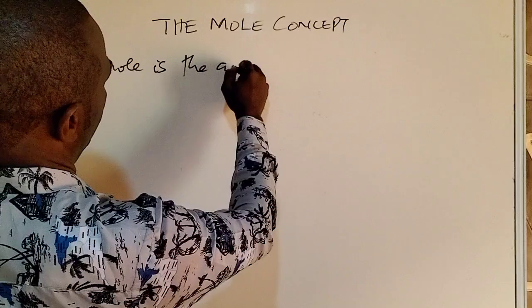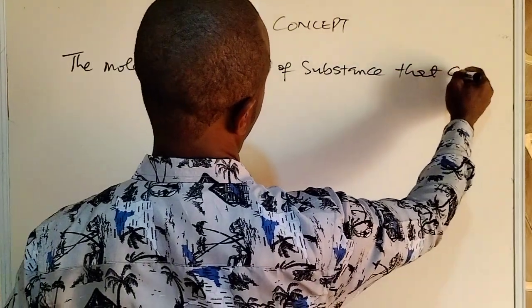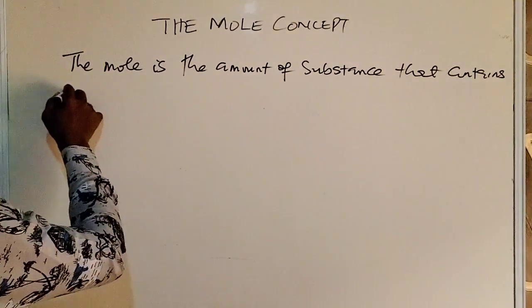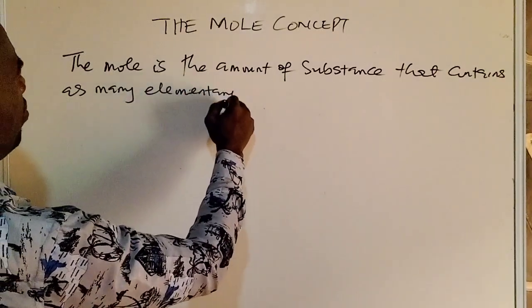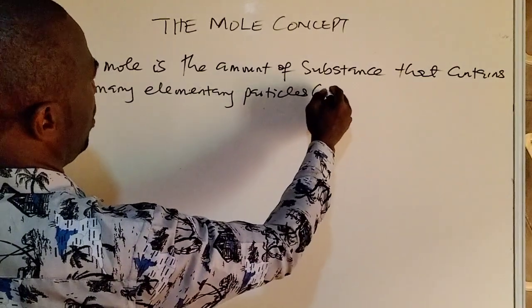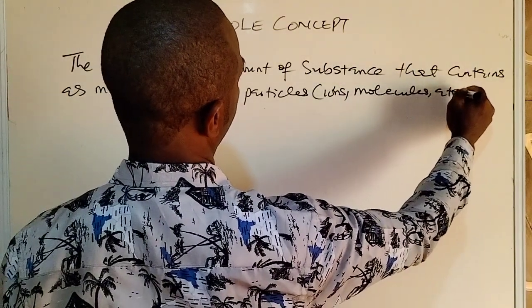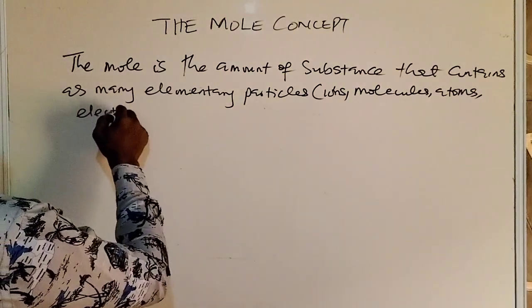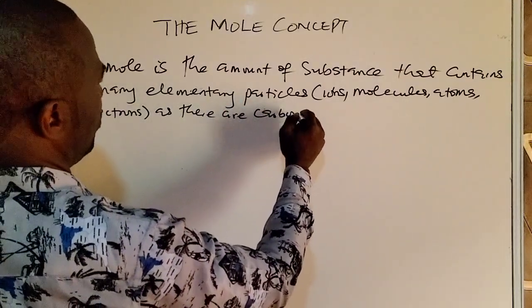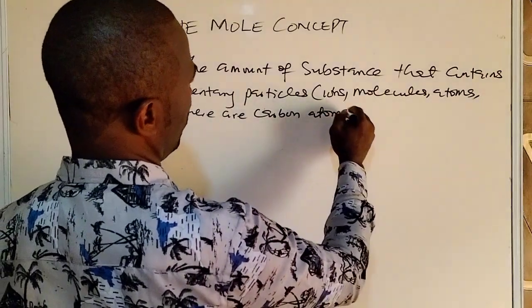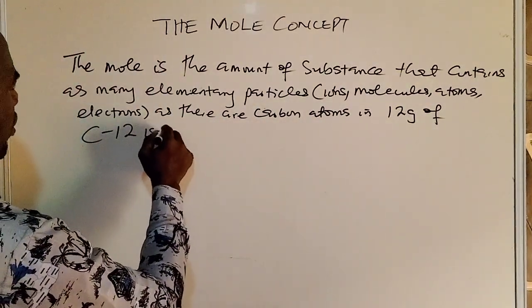the amount of substance that contains as many elementary particles, these particles include ions, molecules, atoms, or even electrons, as there are carbon atoms in 12 grams of carbon-12 isotope.